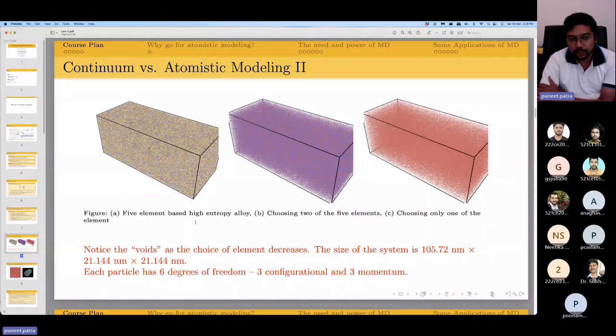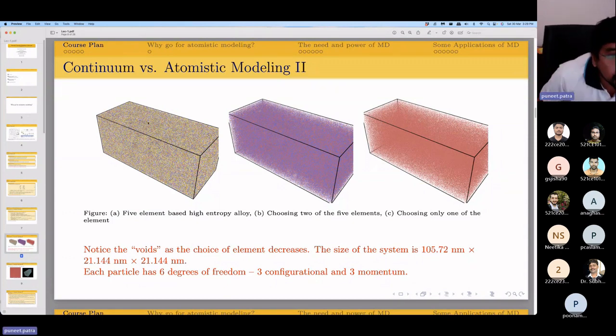The material that we have chosen is the Cantor alloy, and it comprises 5 different elements. The first figure on the left is the actual atomistic simulation which we had conducted for our high entropy alloy work, which I think a couple of years ago got published as well.